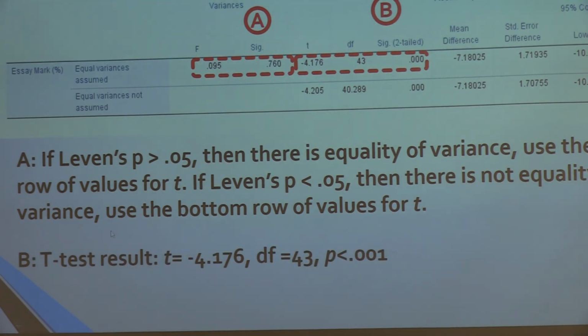Okay. So in this case, for the t-test result, you report the t for the top row when variances are assumed equal. Okay, when there's equality of variance. So you report the t, which is minus. Do you remember why it is minus? Because the first value is smaller than the second value. That's why the t is minus, right?